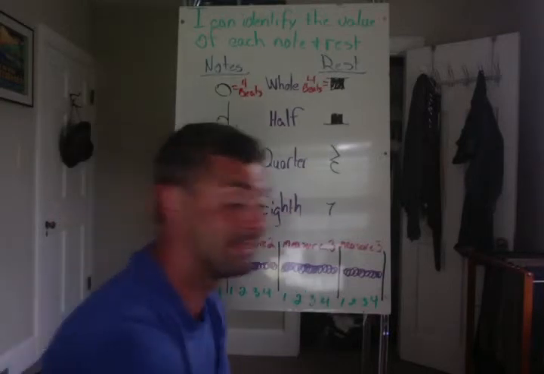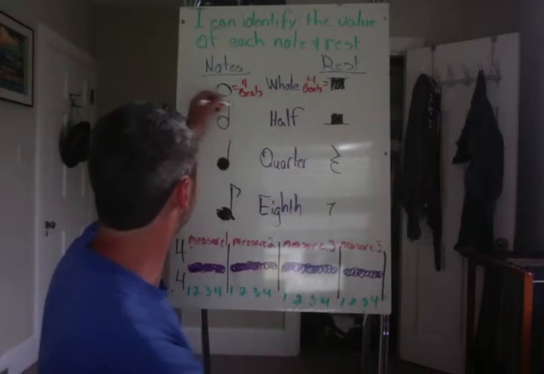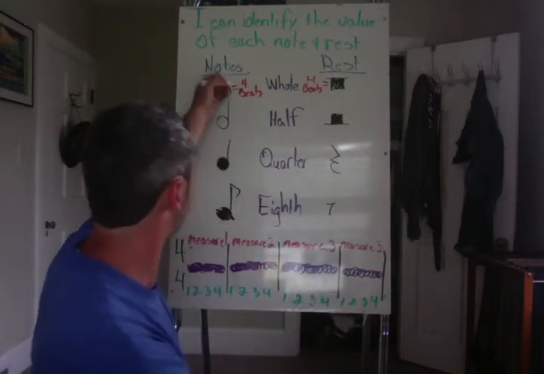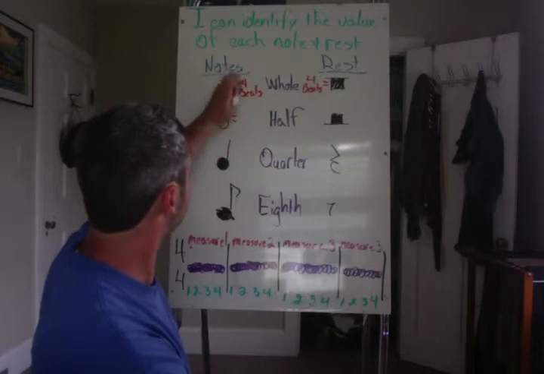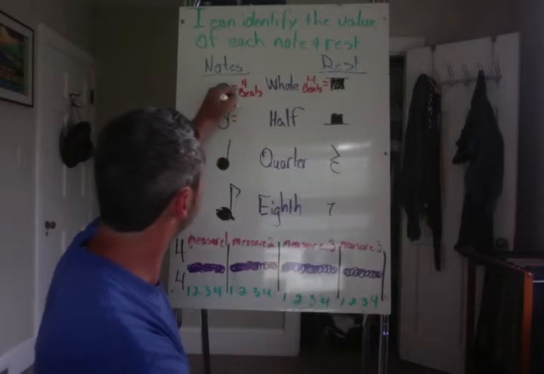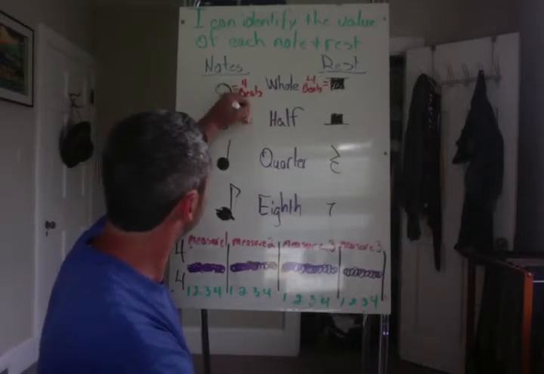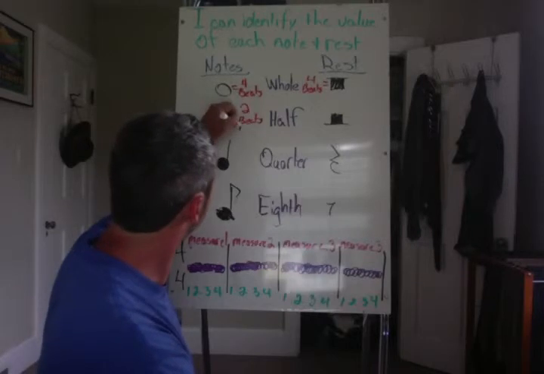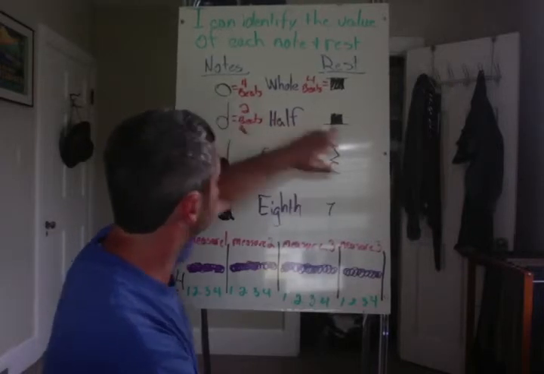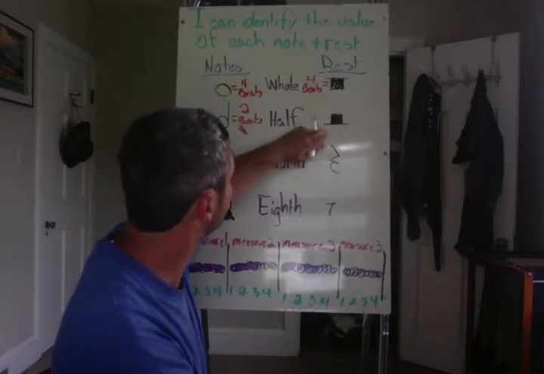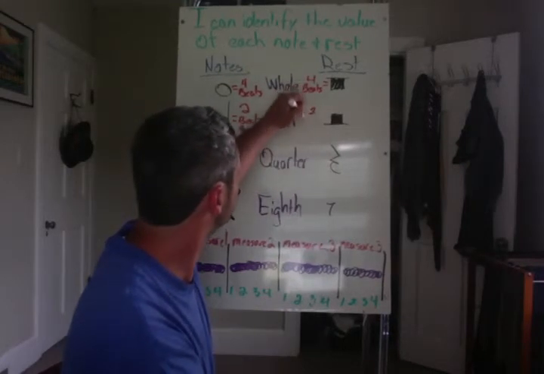Yeah, because it's half of a whole note. So half of a whole note, and since a whole note gets 4 beats, half of it would be 2. So a half note gets 2 beats. And same thing with its opposite. The half rest gets 2 beats.